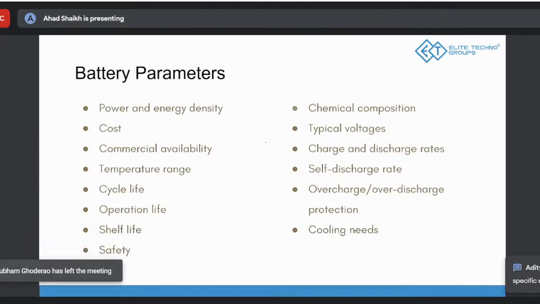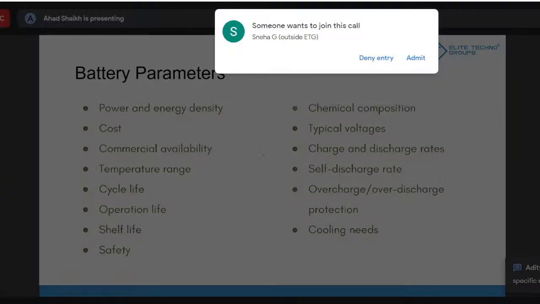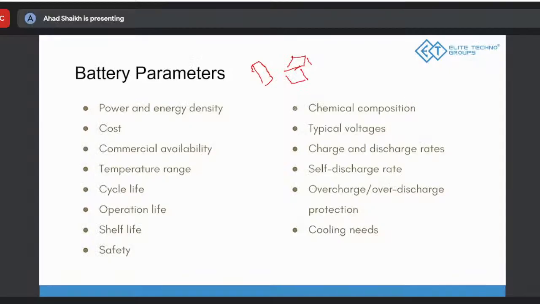Okay, cool. No worries. Let's say you have a battery, and how much energy it stores per volume. So basically watt hour per liter. This is called volumetric energy density.